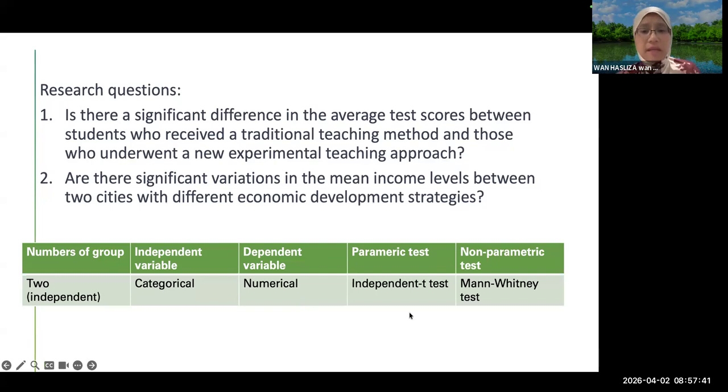If I check my data and it is normally distributed, I have to use the independent t-test. If my data is non-normally distributed, I have to use the Mann-Whitney test. So different types of data and differences in terms of normal distribution will give you different statistical tests.